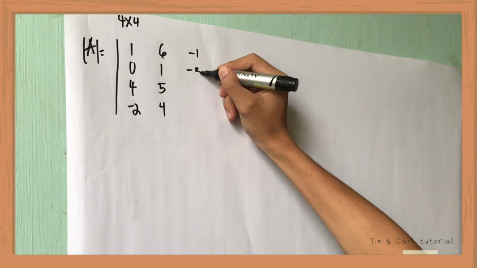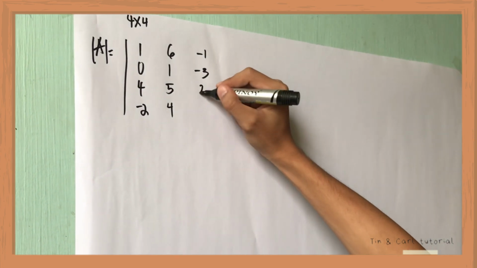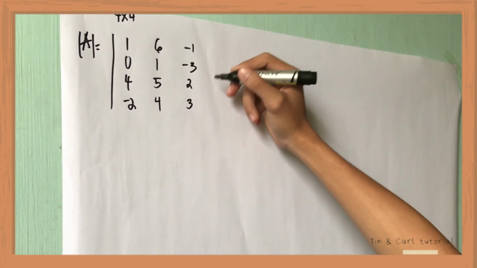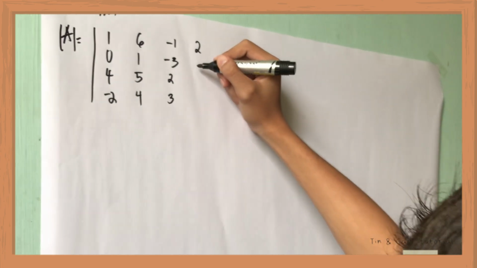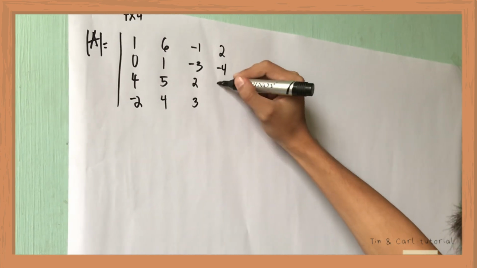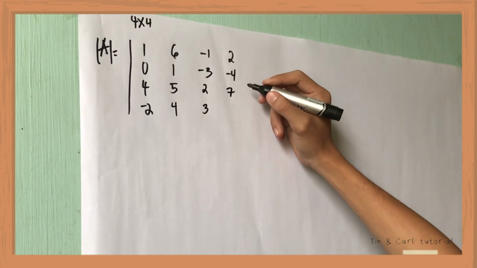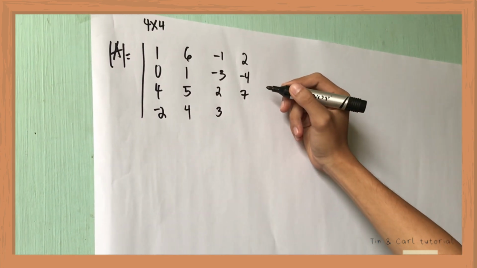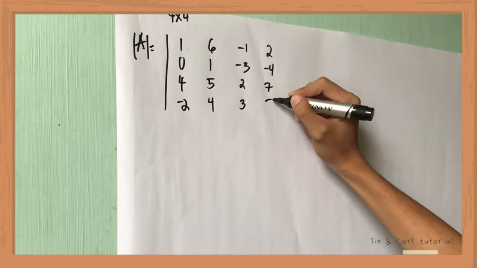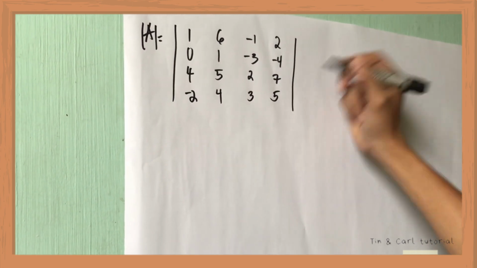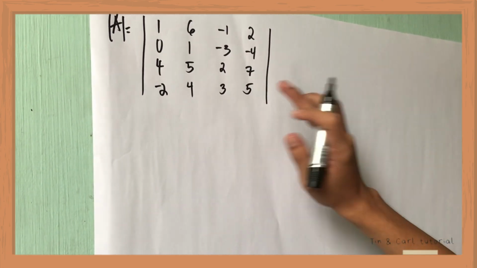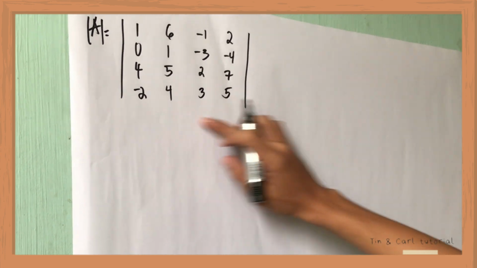Negative 1, negative 3, 2, and 3. 2, negative 4, 7, and 5. So, isa-solve natin yung determinants yan using Chio's method.